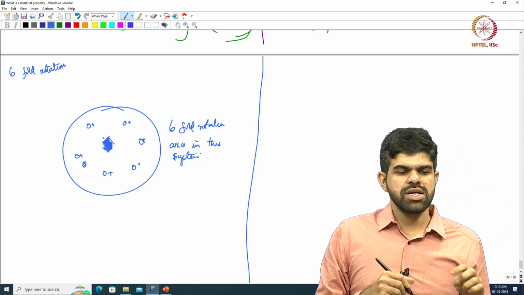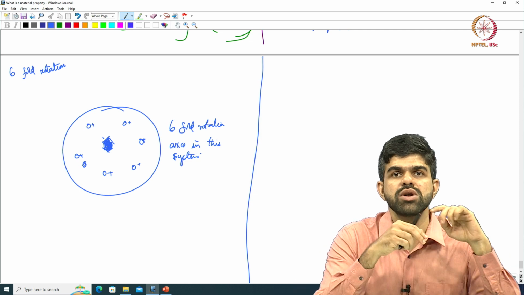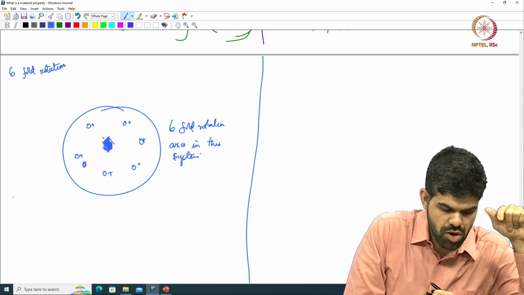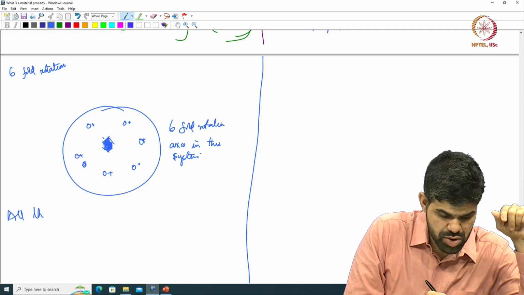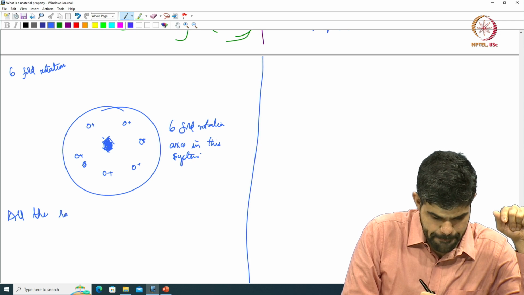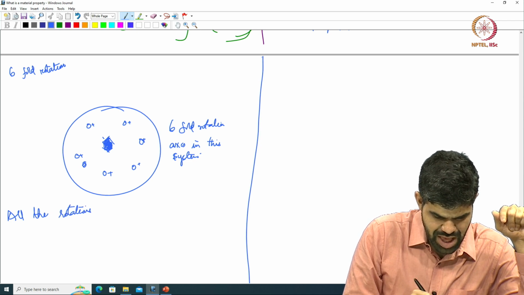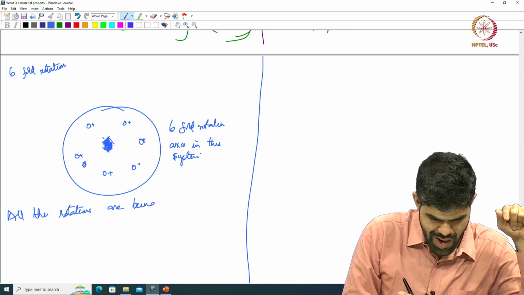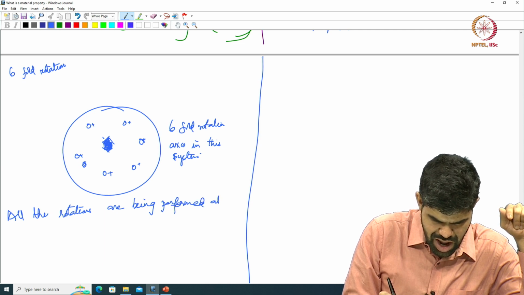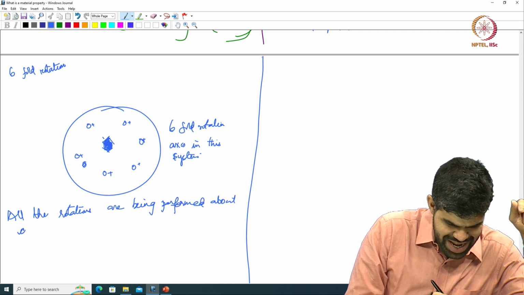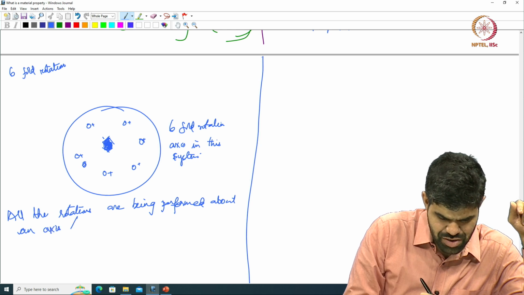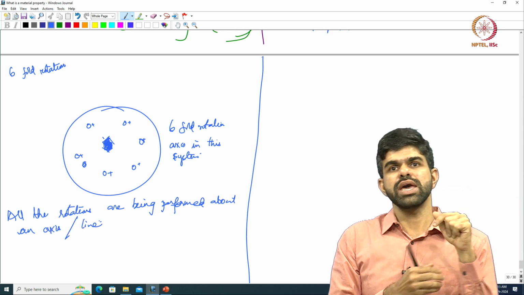Okay. Now, as you can see, rotations, although I call them point symmetry operations, are all being performed about a line, about an axis or a line. Okay.